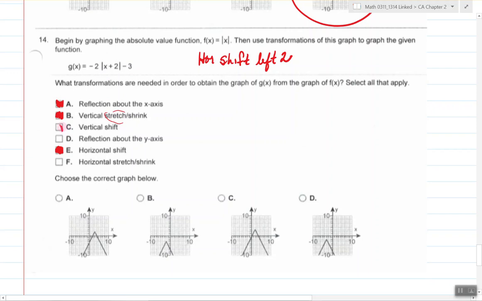So we have all of those things going on. So I'm going to start out just looking at the shifts. This one says left 2, and this says down 3. So left 2, down 3. It's going to flip over because of the reflection. Well, these are all reflected.